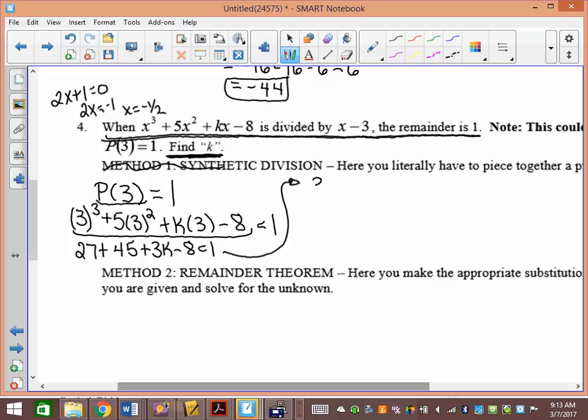So I'm going to get 3k plus 64 equals 1. Then I'm going to subtract 64. 3k equals negative 63. And then divide by 3. And k equals negative 21.